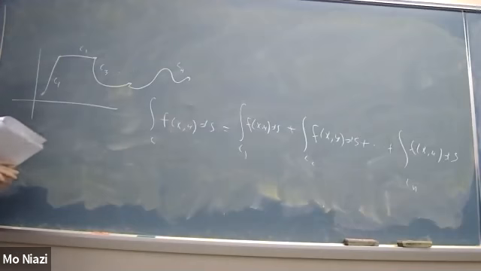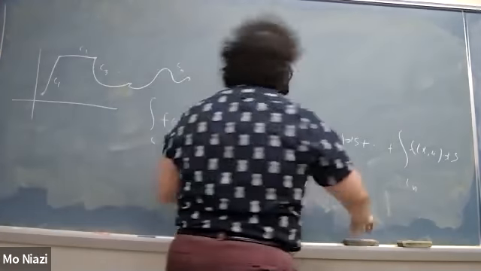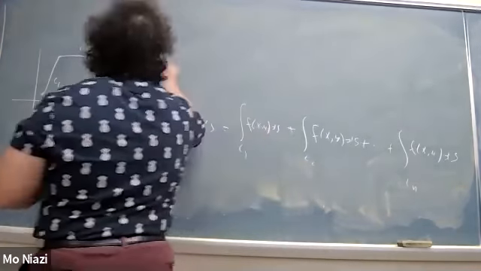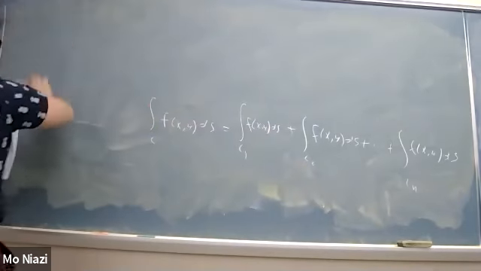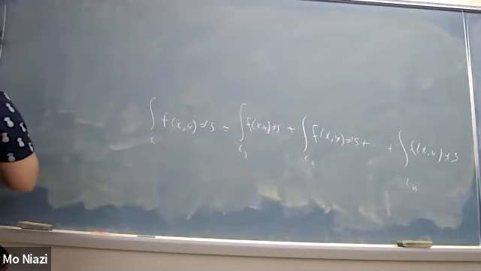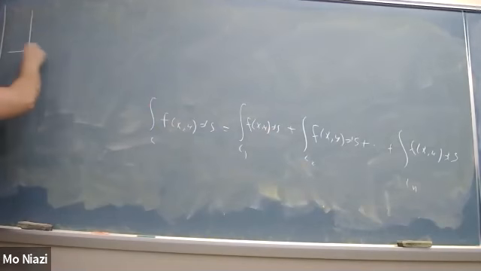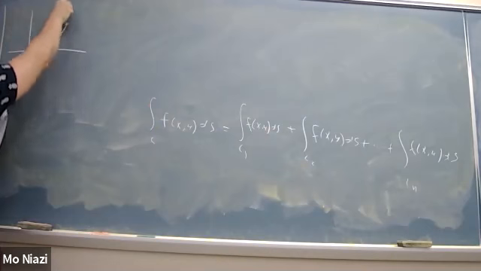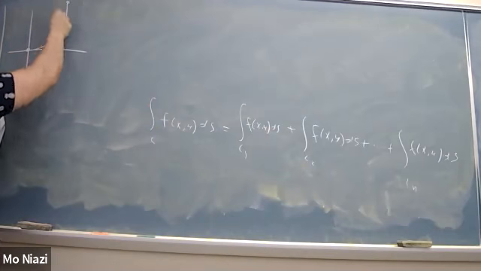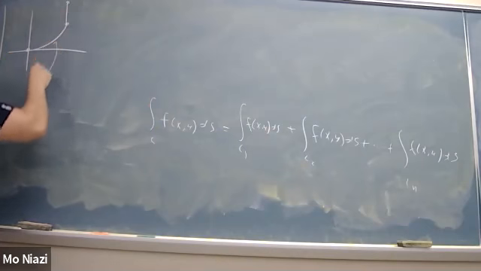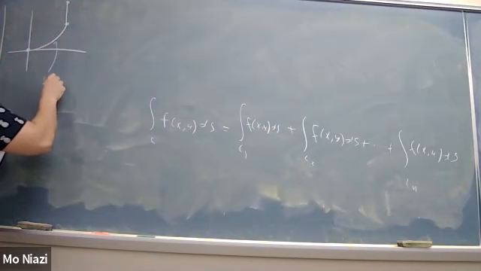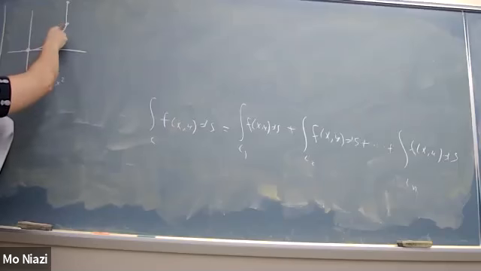So let's do an example. Let's do one that's not so crazy. Let's start out like this. Where this right here is given to us by our parabola y is equal to x squared. And that's just a straight line up.